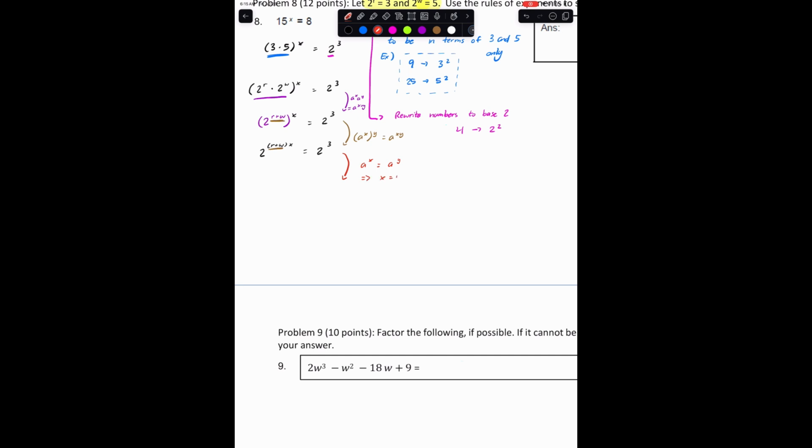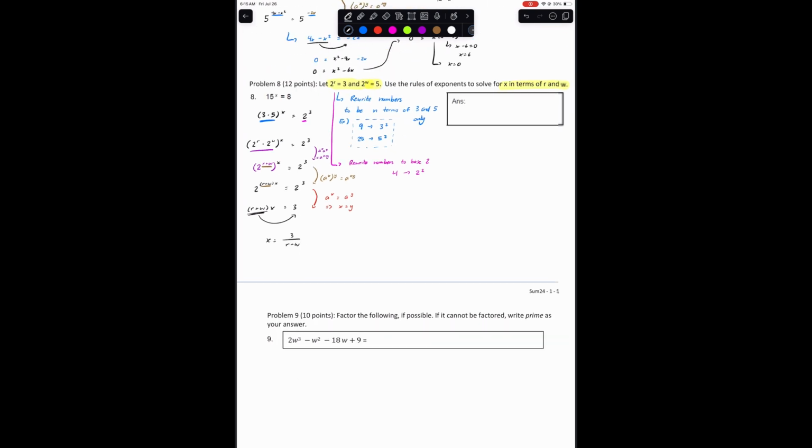So r plus w times x equals 3. Since I didn't distribute, I can just move this over by dividing. So x equals 3 over r plus w. And that's it. That is your answer.